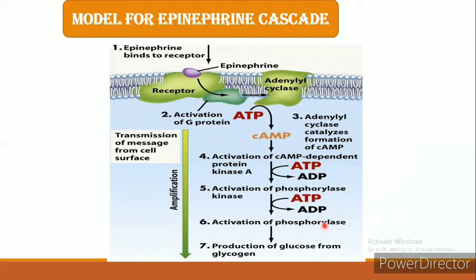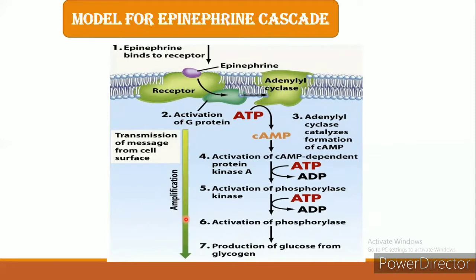That is, epinephrine triggers a series of reactions in the hepatocyte in which each catalyst activates the next, resulting in the amplification of the original hormone signal. Amplification of the original hormone signal means the transmission of the message from the cell surface with the help of amplification.